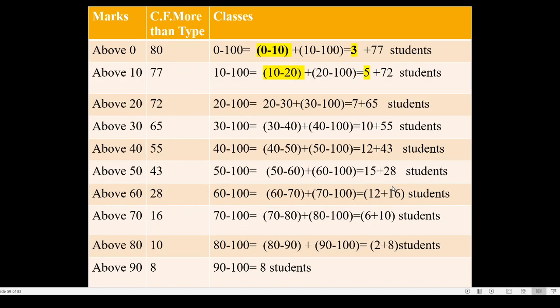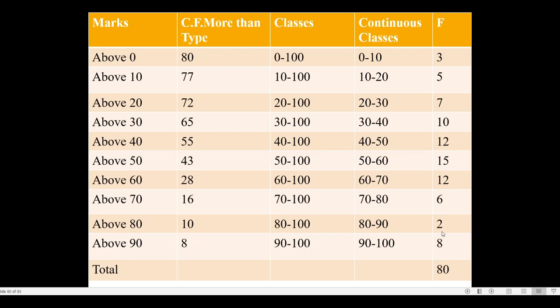If we add these values, our total frequency is 80. Then we have continuous classes and the corresponding frequencies. From these two columns, we first find class marks or mid values, and then from mid values and values of f we can calculate the arithmetic mean.